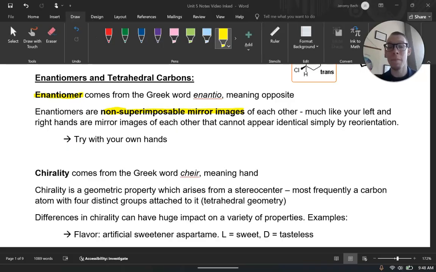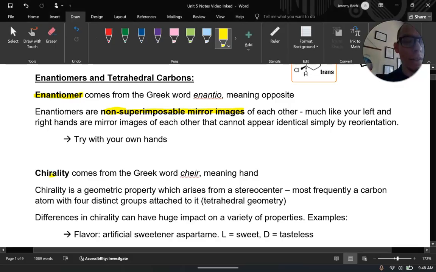Molecules can have that same type of unique arrangement of atoms in space, and this is going to bring about this idea of chirality. And chirality is going to be a geometric property which arises from a stereocenter. Now, a stereocenter is going to be an atom, a lot of times carbon, but it doesn't have to be carbon, that's going to have four unique or distinct groups around it.